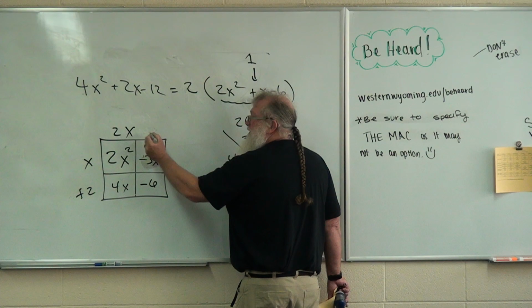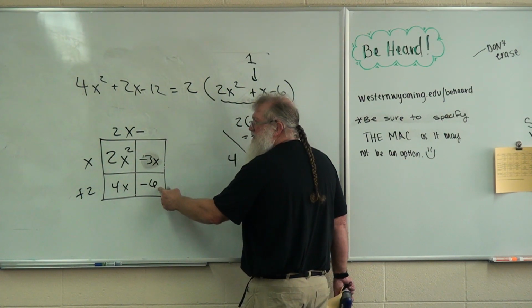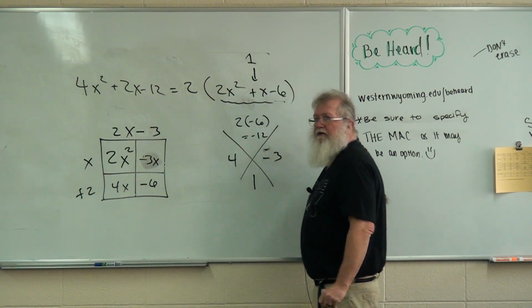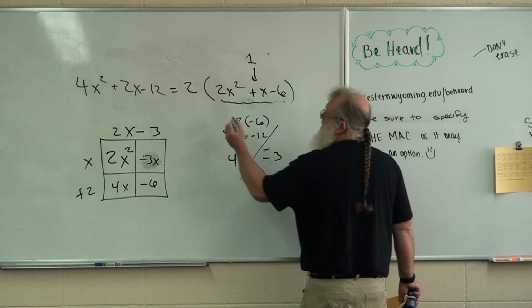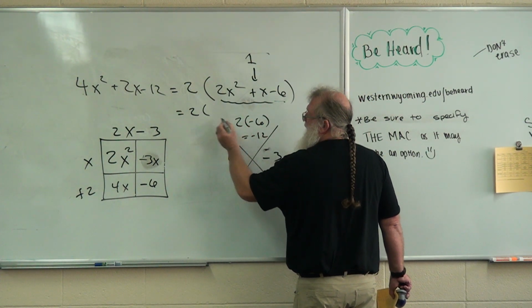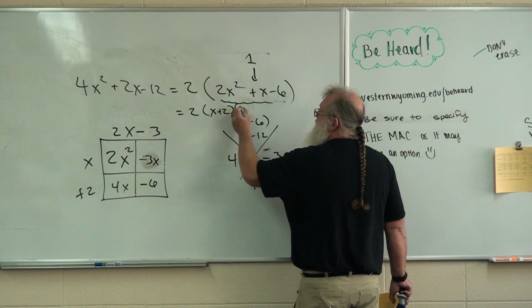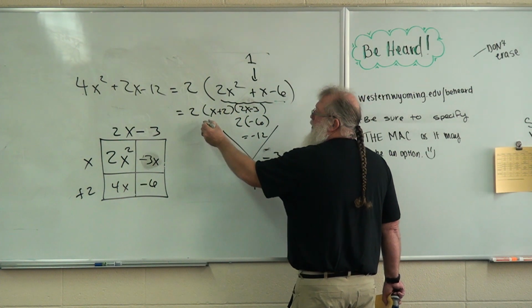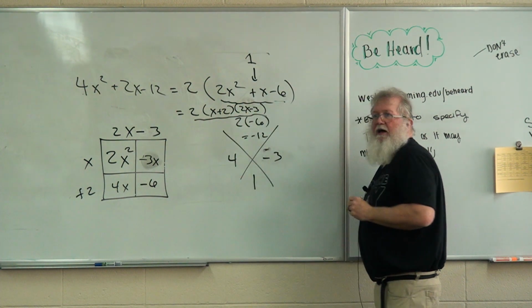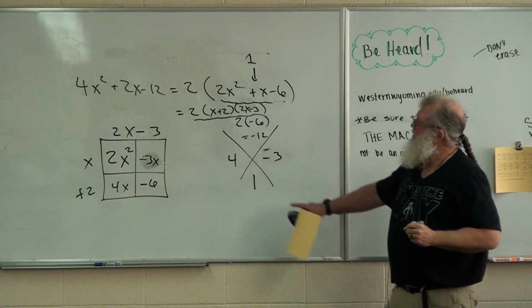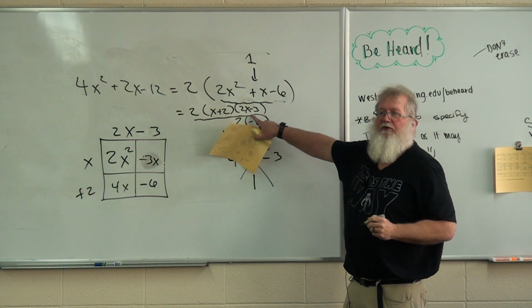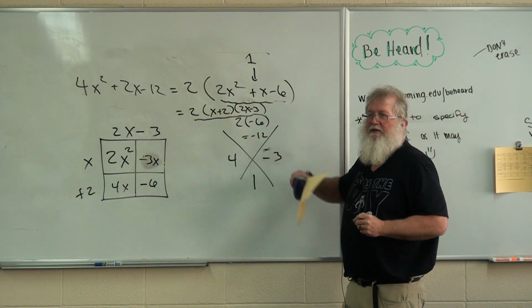So if this is negative, I got to pull out a negative, and 3 and 6 have a common factor of what? 3. So what's our final factoring here? 2x plus 2, 2x minus 3. And remember, the order of your factors does not matter. So if you had 2x minus 3 and x plus 2 in different order, you're going to get what? The same product in the end.